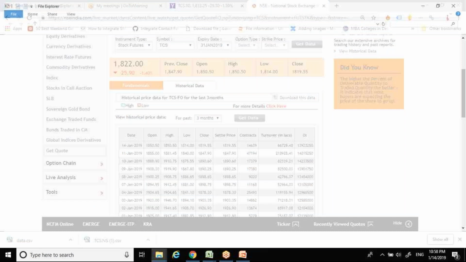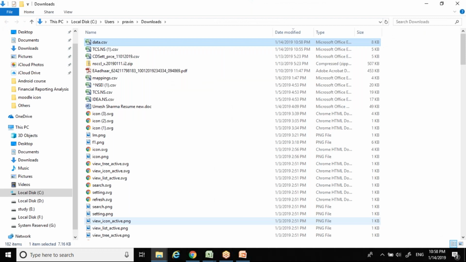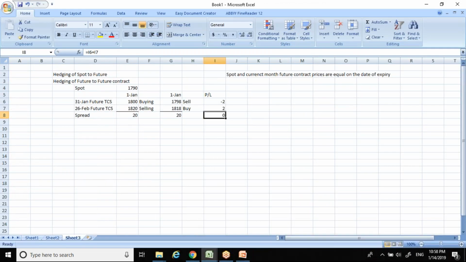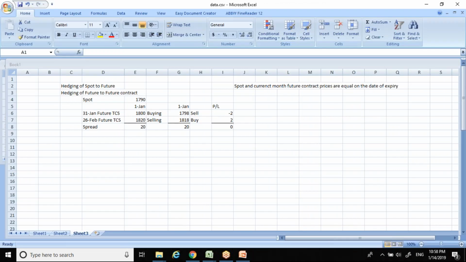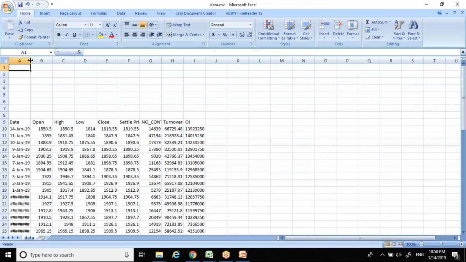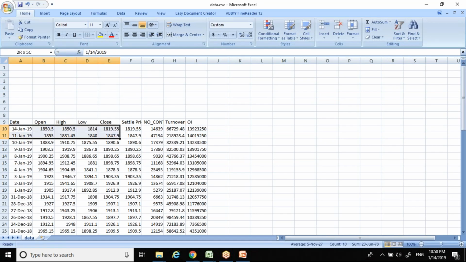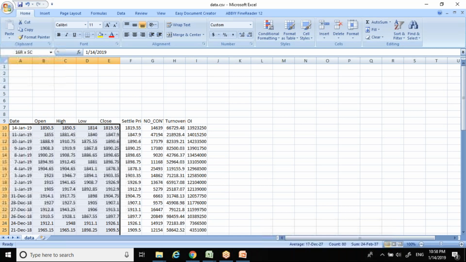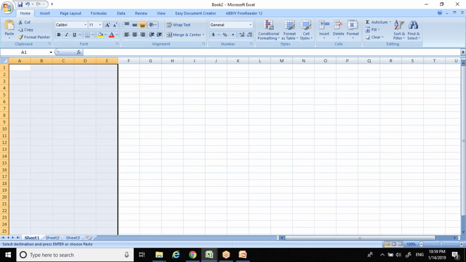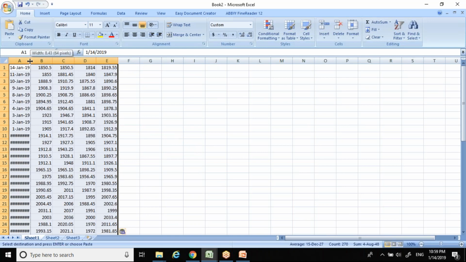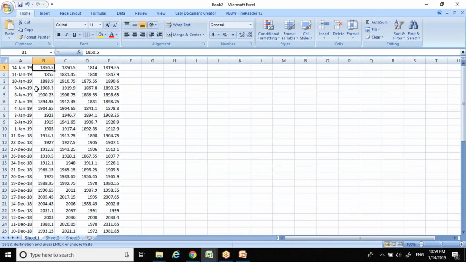So let's open. We have this spot data and we have the future contract data. Now I want to use the close price. We have this data here till 26th of October. The dates have to match properly, remember.